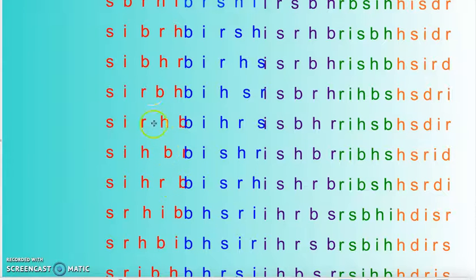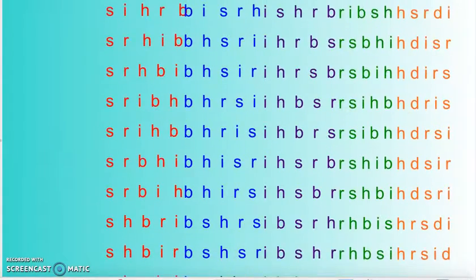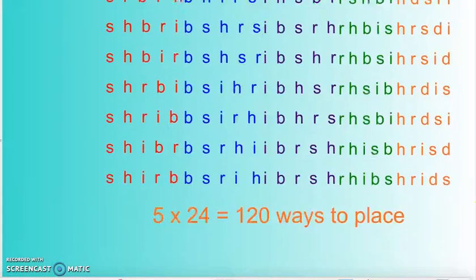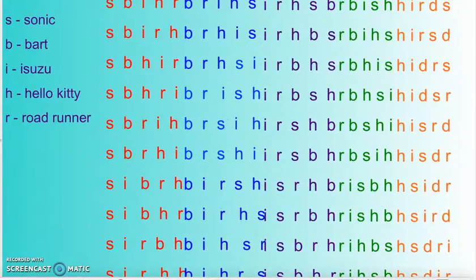Then same thing, I put Roadrunner second, and I got 6 different times again. And then I put Hello Kitty second with Sonic first and rearranged again. I just kept going until I noticed that there were 24 different ways for Sonic to be in first.